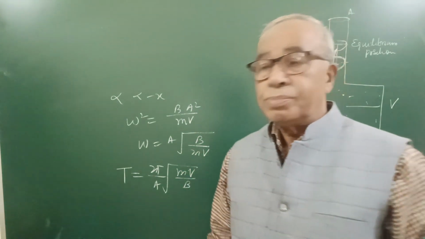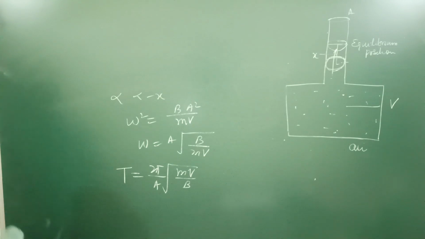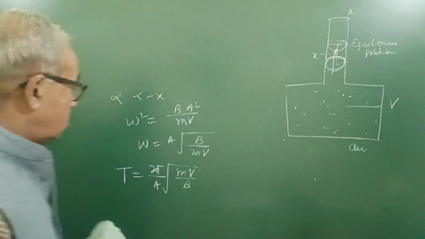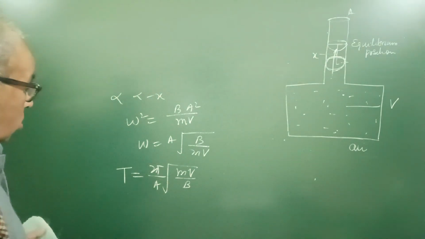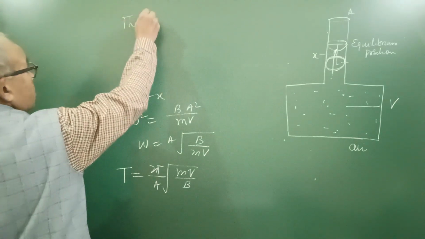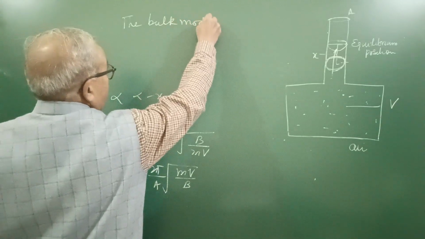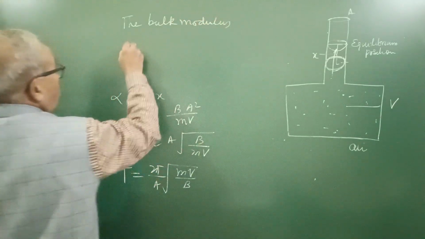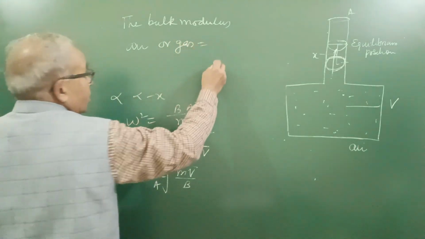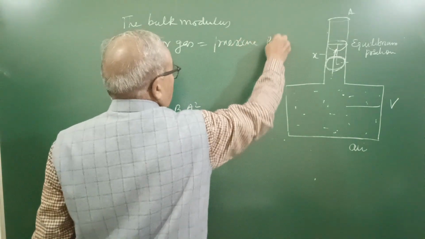That work done can heat the gas, but if somehow the temperature of the air does not change, then the bulk modulus of air or gas is equal to the pressure P of the gas.